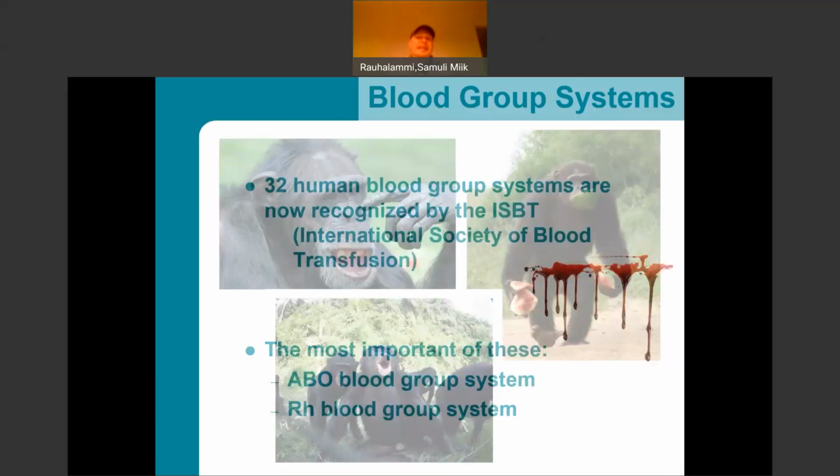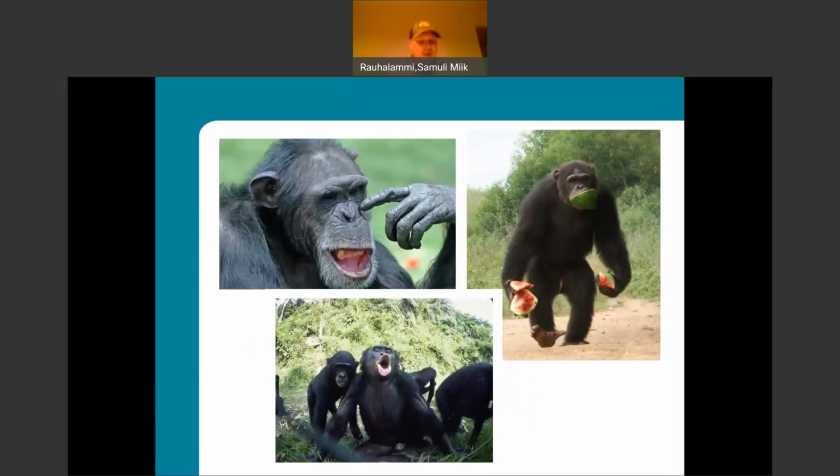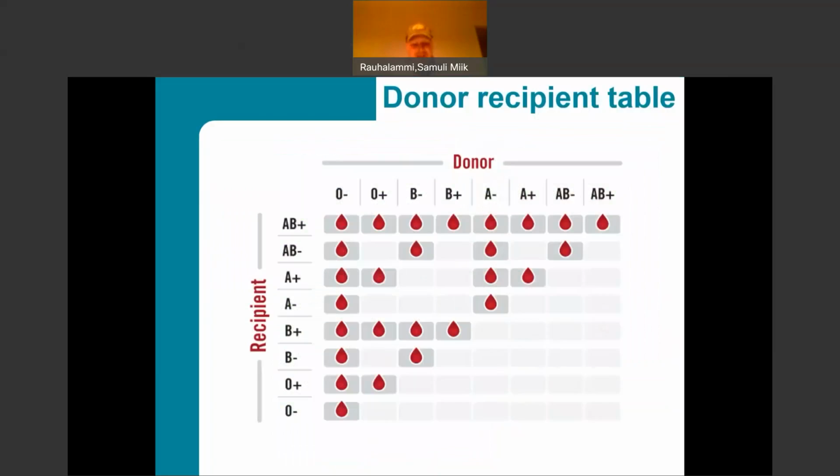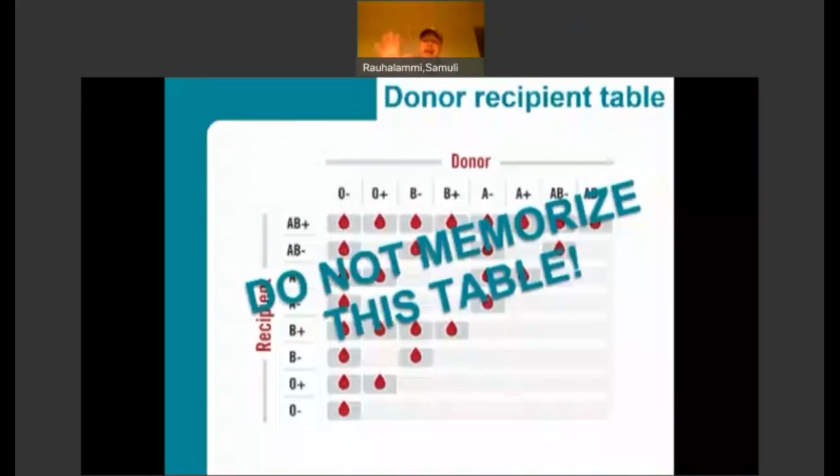What I find adorable is that we actually share our ABO blood groups and also Rh groups with our closest evolutionary relatives, which are apes, chimpanzees, and gorillas. And you can check the donor and recipient match with very many different kinds of tables that you find floating around and made available for you.